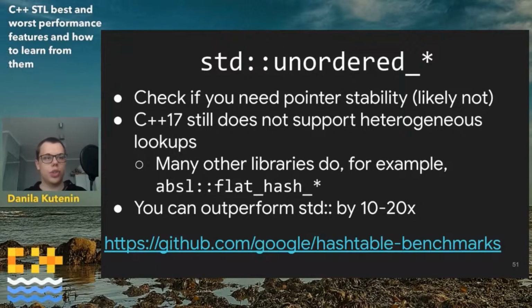And it was shown by our benchmarks at Google that unordered types can be outperformed by a factor of 10 or even 20. Here is the link to our benchmarks, Google GitHub, google/hashtable-benchmarks. It shows how different types of containers perform.